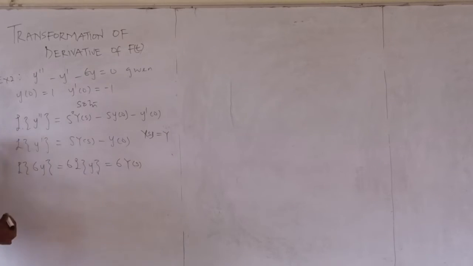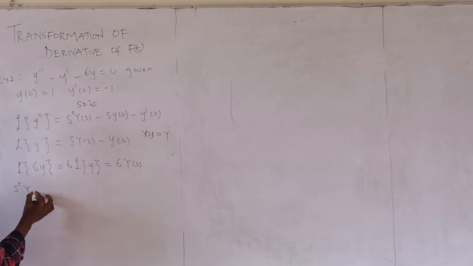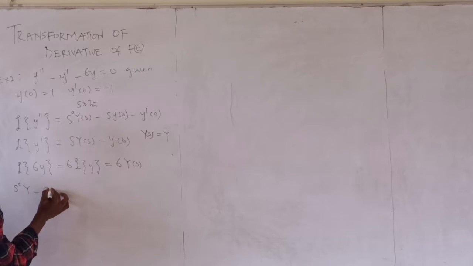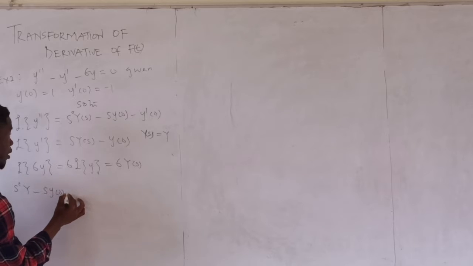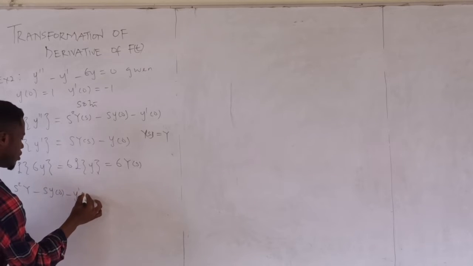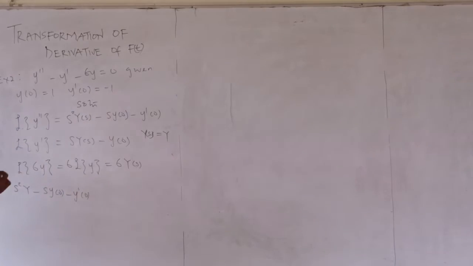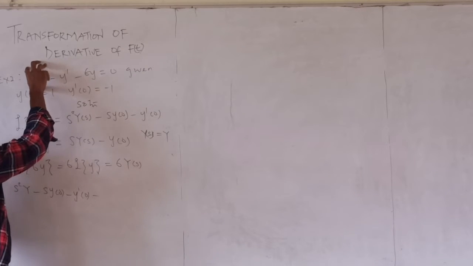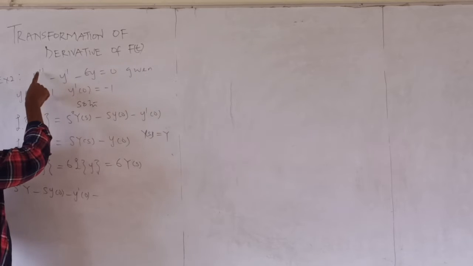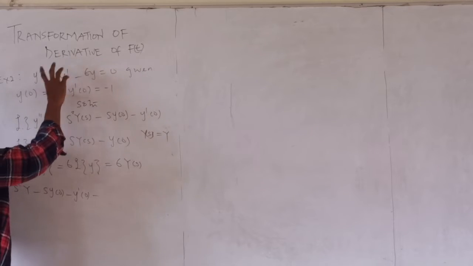Now let's go. So what we have is s squared of y minus s y of 0 minus y prime of 0. Alright. Minus. So I'm done with my y prime. I'm entering my y prime now.